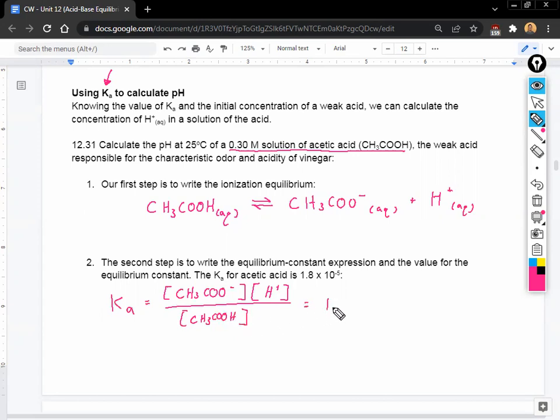And then we know that it is equal to 1.8 times 10 to the negative 5. So all we want to do is first write the equilibrium, then write down the equilibrium constant expression. That's step 2.